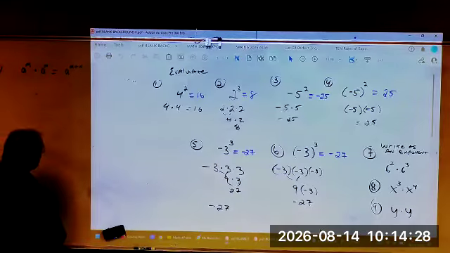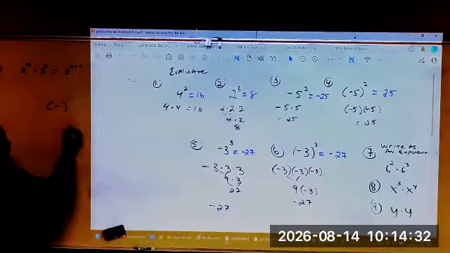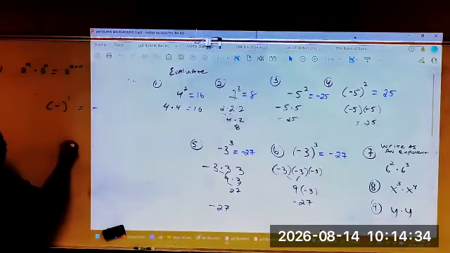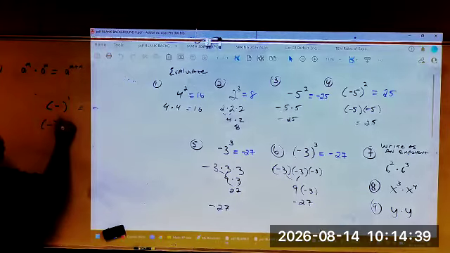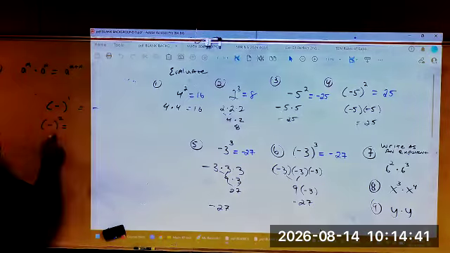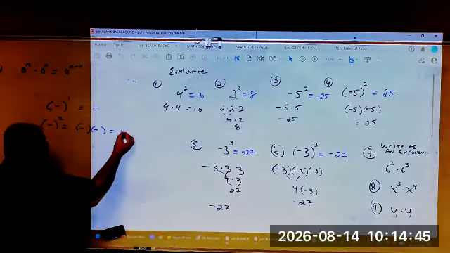Okay. So if you have a single negative to the first, well, that's just going to be negative. But when you have a negative to the second, in parentheses, you have a negative times a negative, you get a positive.